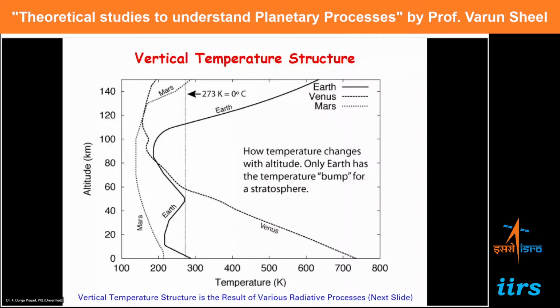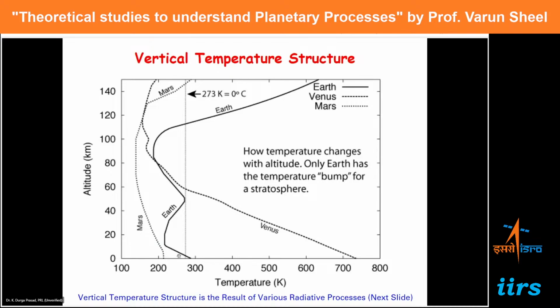Based on how it is absorbed, we will have a physical structure of temperature. This solid black line gives the vertical thermal structure of the Earth, where you have somewhere around 300 Kelvin, which gets reduced to almost 200, 220 Kelvin at around 10 kilometers altitude, then it starts increasing.